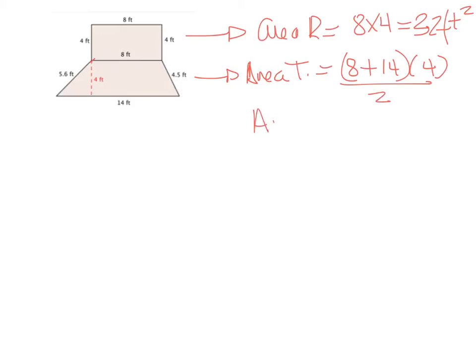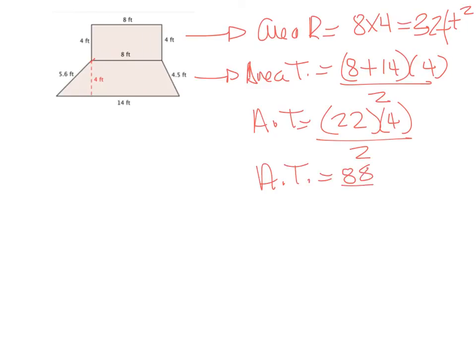So we have 22 times 4 into 2. The area of the trapezoid is 88 into 2, which gives us 44 feet square. Now we're going to add these to give the area of the whole figure. So here we go.